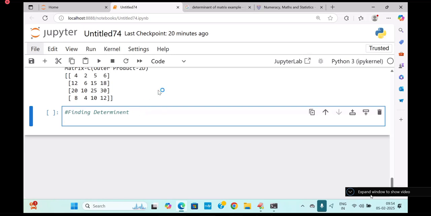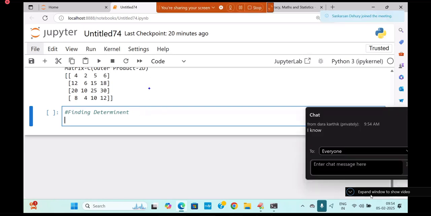Now coming to the determinant, all of you. Determinant is indicated by something like this: det of A. The matrix is something like 1, 2, 3, 4. This is my matrix, a 2 by 2 matrix.